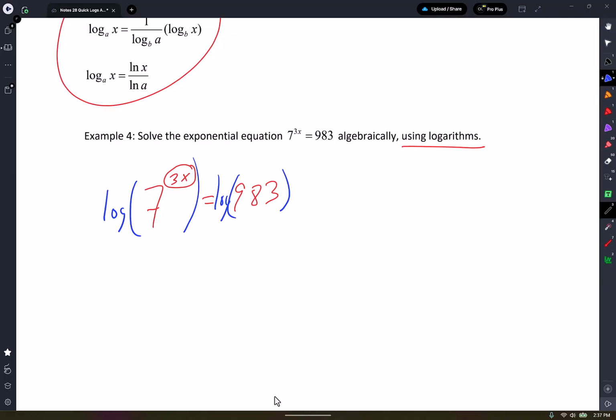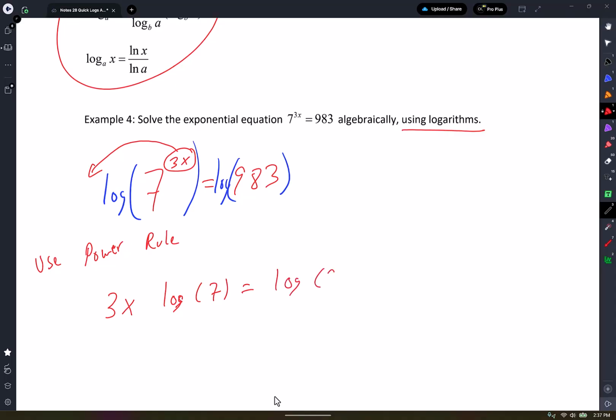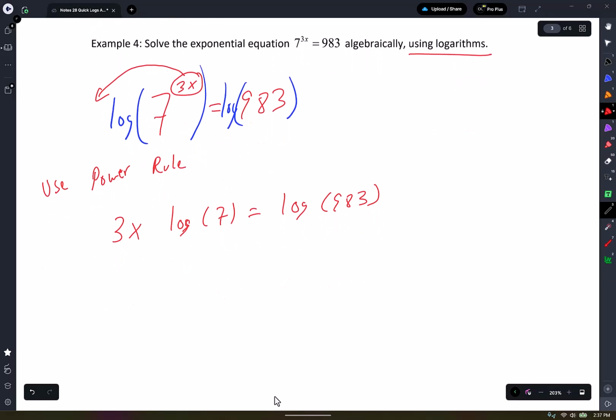Now I'm using my power rule, so I'm going to write use power rule. Now this rule comes from somewhere, guys. It just didn't come in. If you want a proof, let me know, and we can do a proof on that as the next activity. So here it is: 3x log of 7 equals log 983. Next, I want to get rid of the 3 log 7.